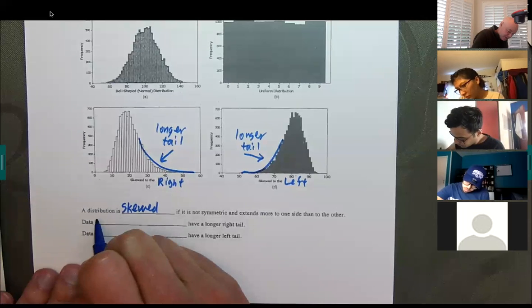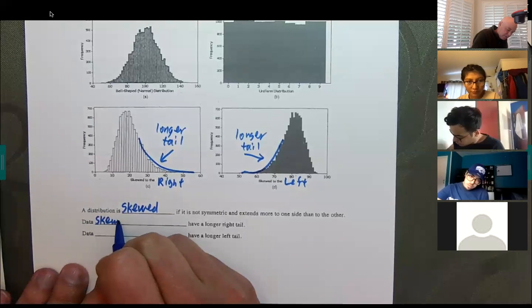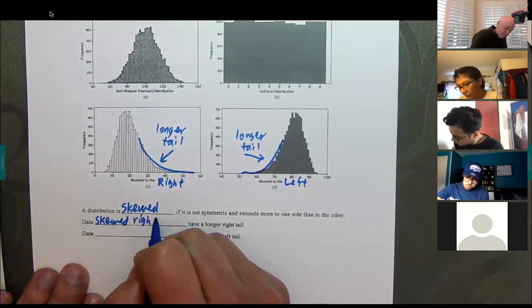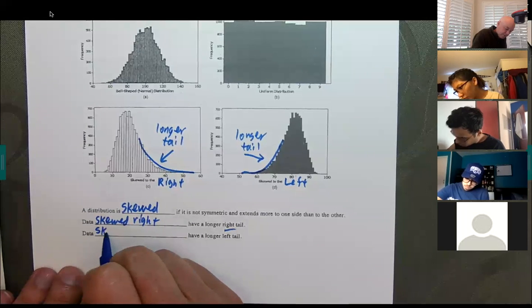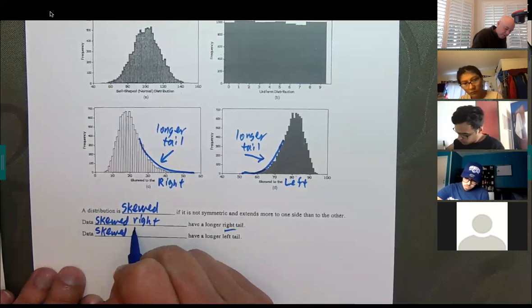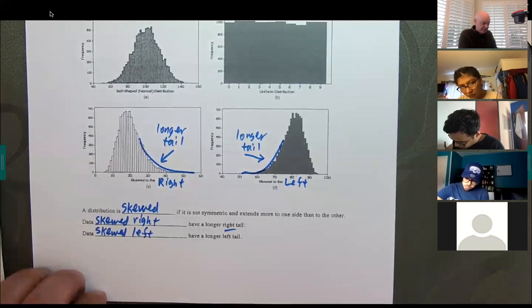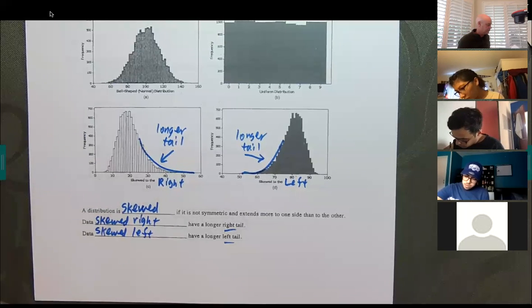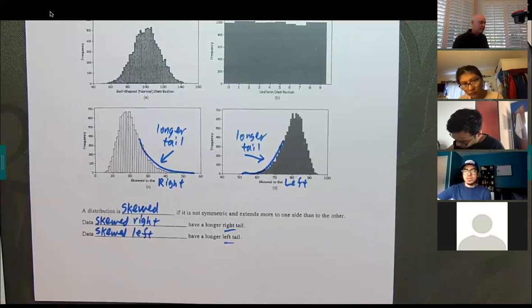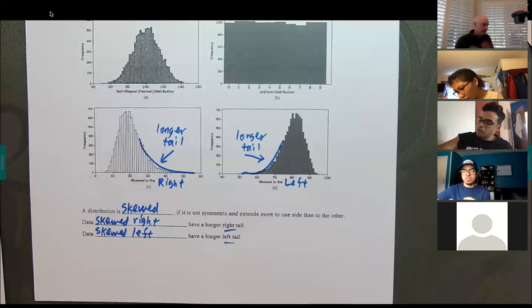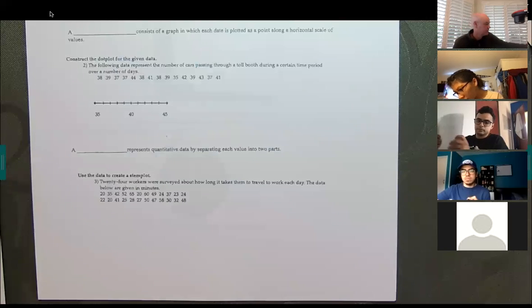And the data is skewed right if there's a longer right tail, and it's skewed left if it has a longer left tail. It's not bad if data is skewed. That just means we need to look into it a little more.